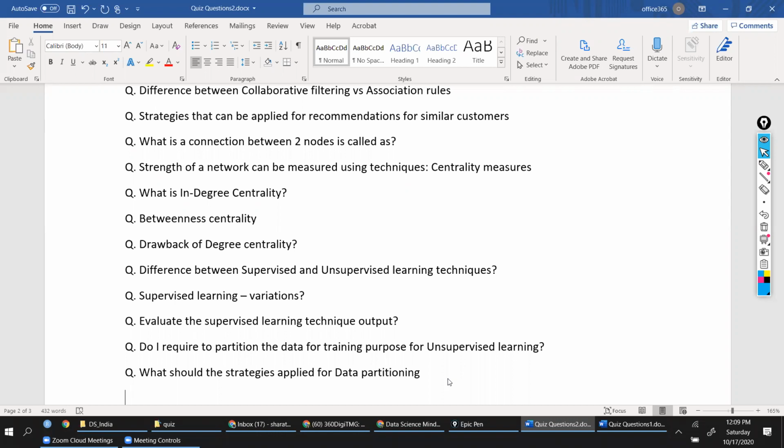Very good. Stratified sampling. Why? In order to get generalization error, we need to verify the model to be working on the historical data that we are getting.